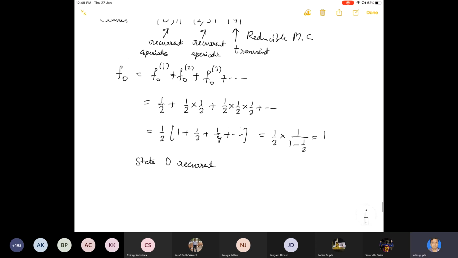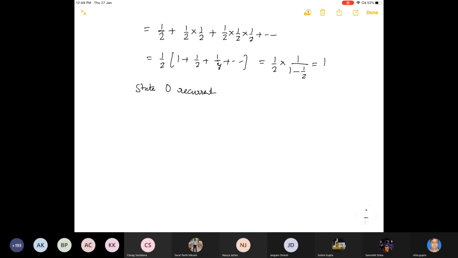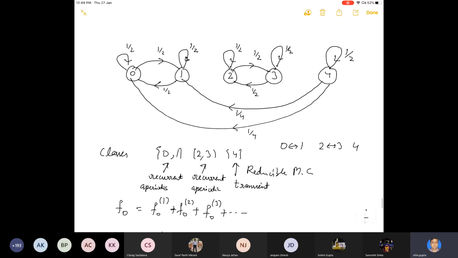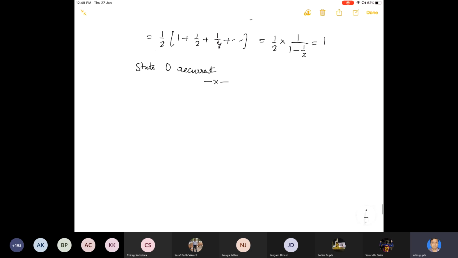Okay, so now this is the case here. Now, let us prove this thing. What we have shown is basically if state 0 is recurrent, state 1 will also be recurrent. They are communicating with each other. Okay, so states which are in one class, if one is recurrent, the other will be recurrent.